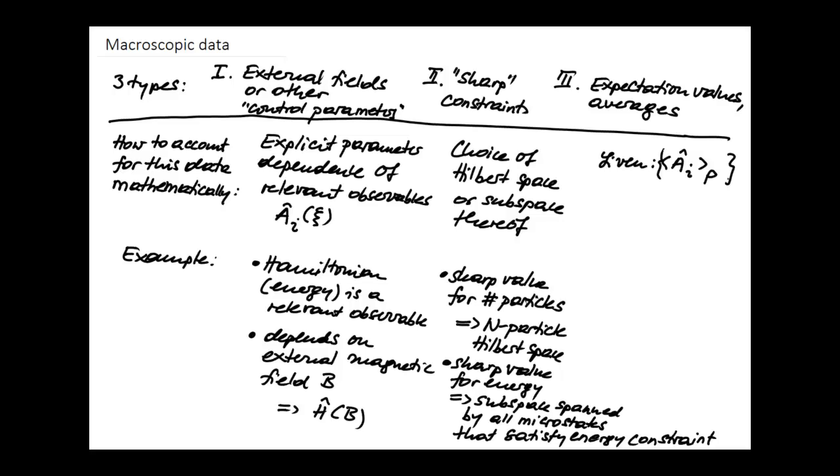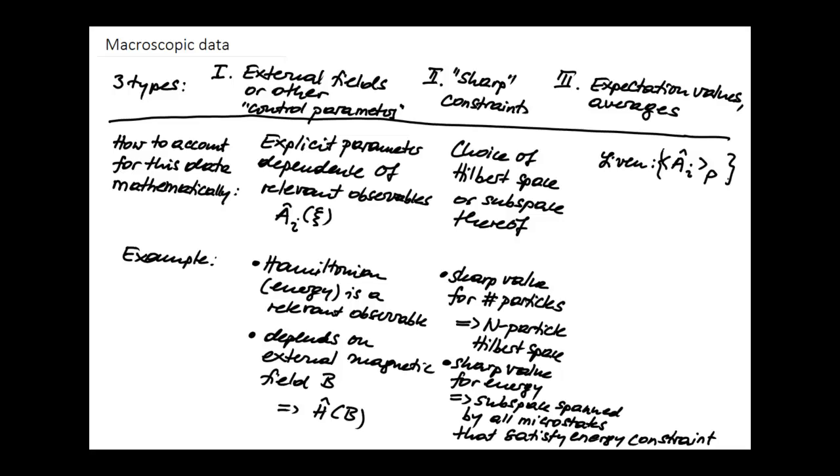When we choose a density matrix with a high entropy, then this means we know little about the microstate. If we choose a density matrix with a low entropy, this means we claim we know a lot about the microstate. In this scenario here, all we know about the system are these macroscopic data.